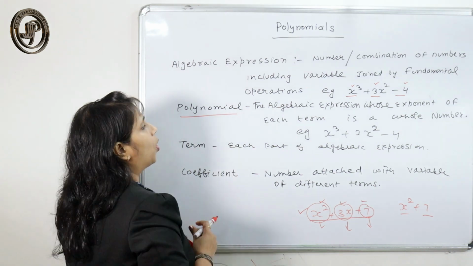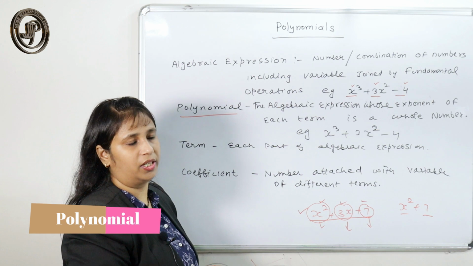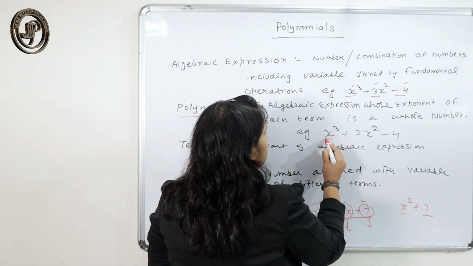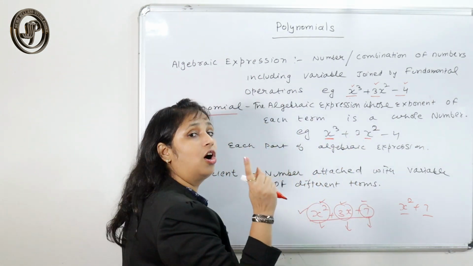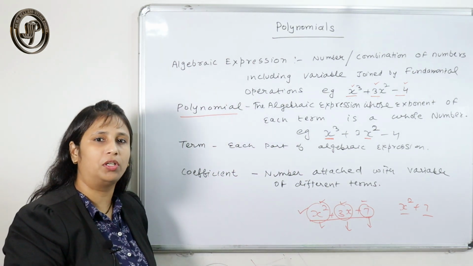Now what is a polynomial? A polynomial is nothing but an algebraic expression only, but the exponent of each term should be a whole number. That is the condition for a polynomial.